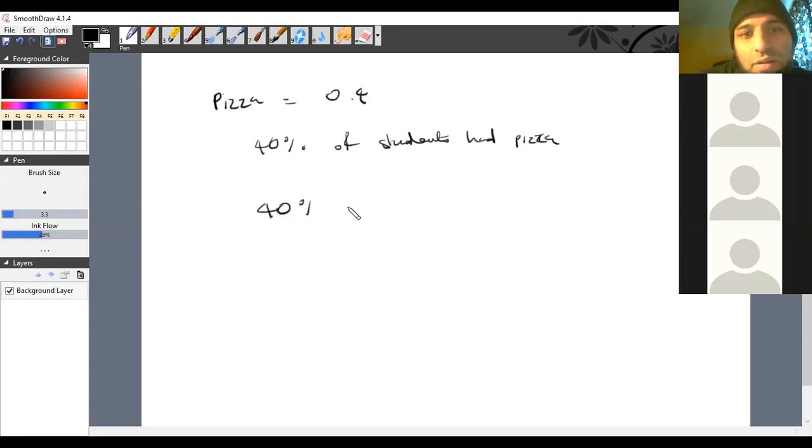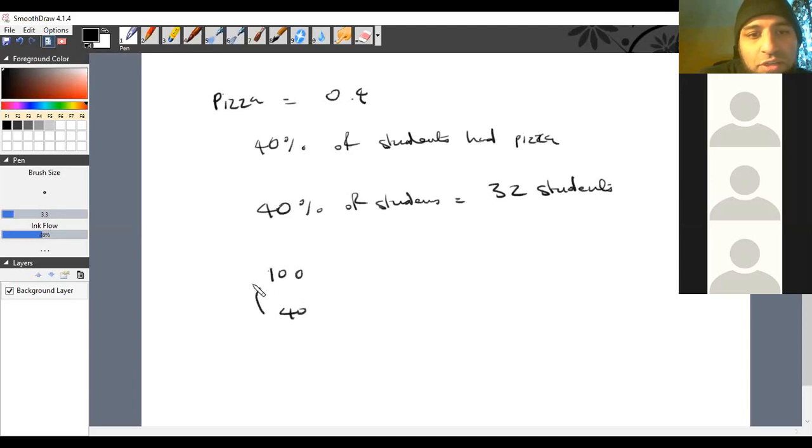Now, how many students were there? 40% of students equals 32 students. So that's 40% out of 100. If you had 100% and you had 40%, to go from 40 to 100, what do you have to multiply it by? 2.5. Yeah. So 40% gives you 32 students. What do I have to do to 32 to get to the number of students in 100% of people?